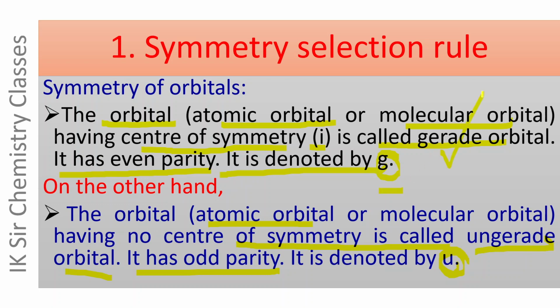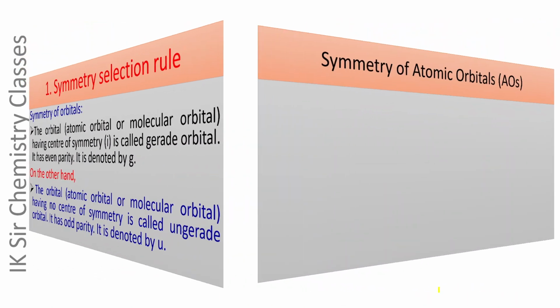Let us see it again. The orbital having a center of symmetry is called a gerade orbital and it is denoted by g, while the orbital having no center of symmetry is called an ungerade orbital and it is denoted by u.